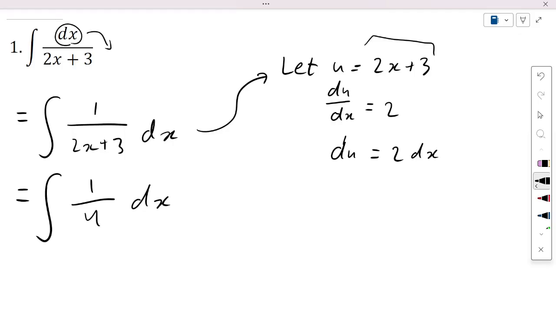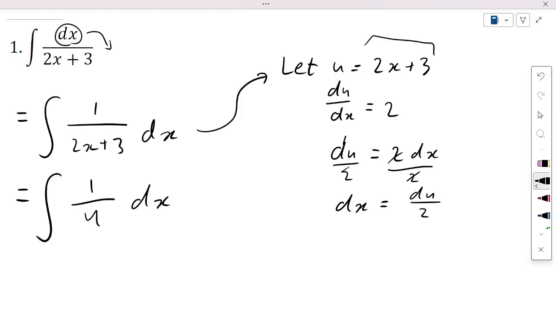Because we have the integral of 1 over u with respect to x, right? And this wouldn't make sense, because obviously we're working with the variable u and not x. So we are going to try and make dx the subject of the formula, and in order to do that, we need to divide both sides by 2, so that these can cancel, and then dx is just going to be equal to du divided by 2.